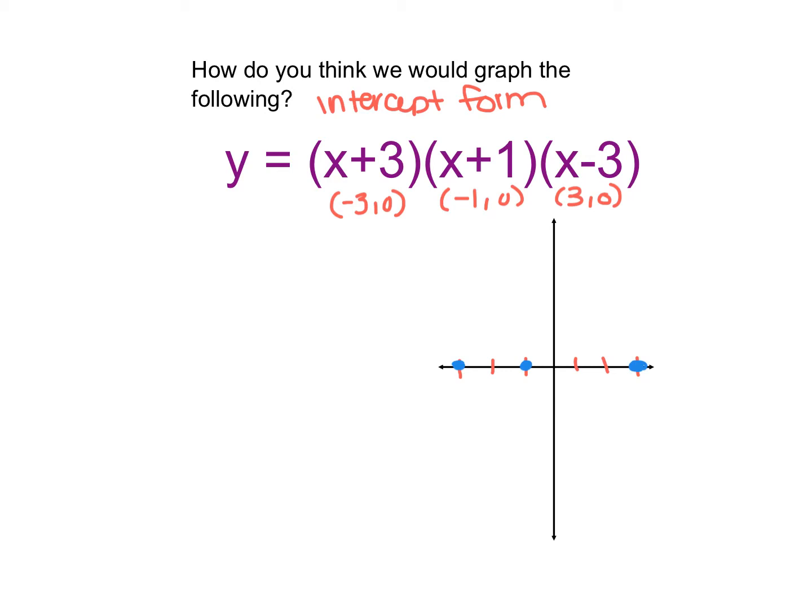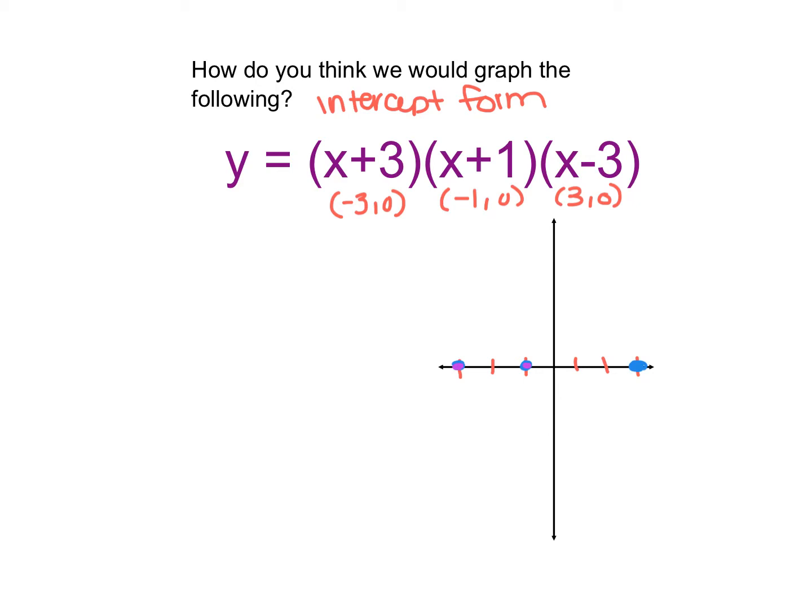So what we're going to do here is estimate where these local minimum and maximum points are by finding the middle ground between our different x-intercepts. So we're going to look at, okay, what point is in the middle of -3, -1? What's in the middle of -1 and 3? And basically, it's like finding a vertex between each pair. So it's just going to be an estimate of where this local min or local maximum point could be.